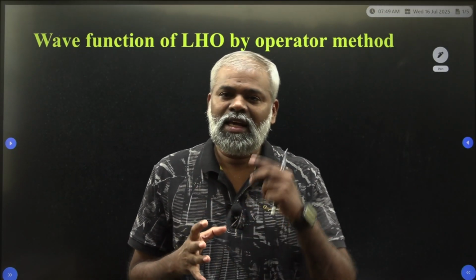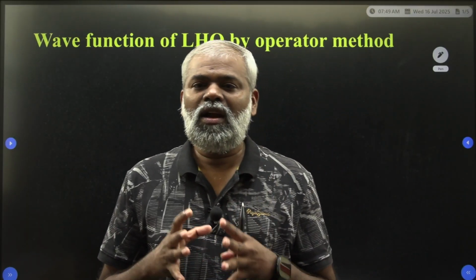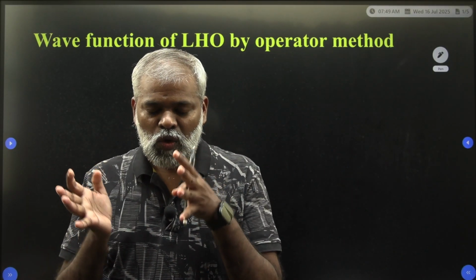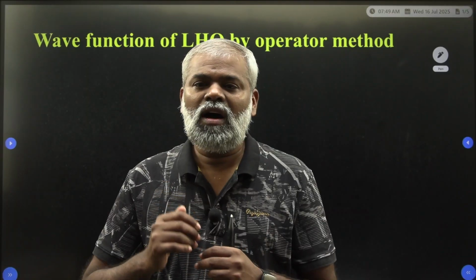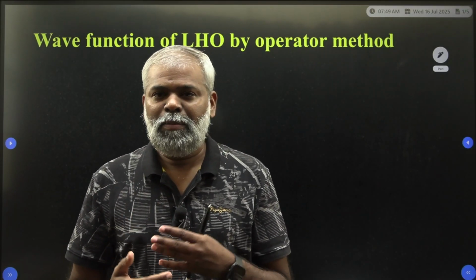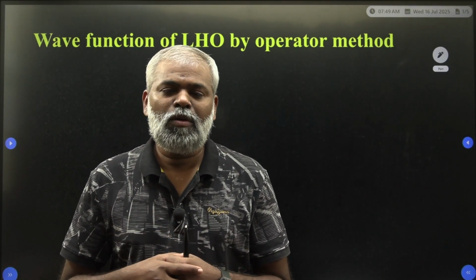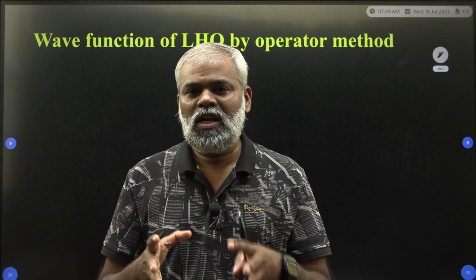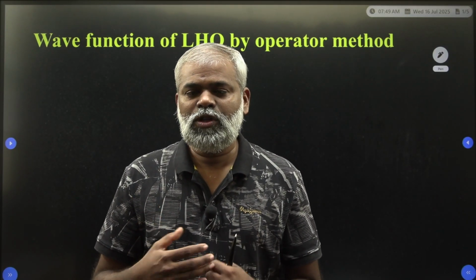So please, once again we have to see, this is the last topic in the core syllabus and the middle of quantum mechanics. If we finish the linear harmonic oscillator, we will have finished half of the quantum mechanics core syllabus.